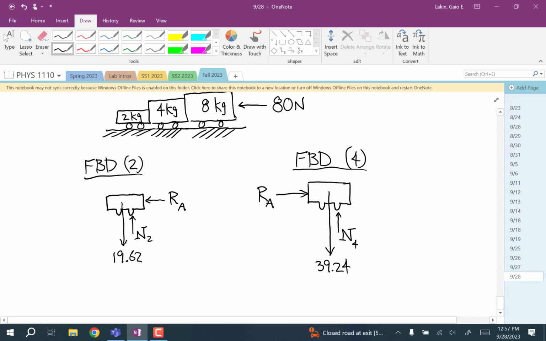And then the 8 kilogram is pushing. Do we know the name of that one? That's not RA because RA is what happens when 2 and 4 push on each other. It doesn't have anything to do with 8, okay? So I have to give that a new name.